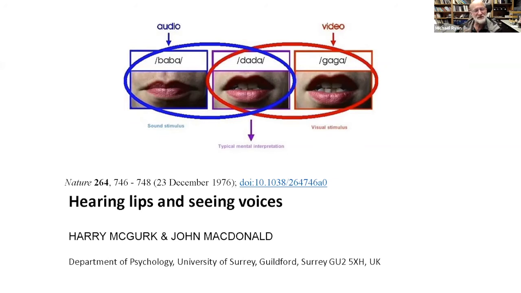What does this test subject hear? You would think they would hear either gaga or baba, but they don't. They hear da-da. So there's this emergent percept of a phoneme that's not being produced, but comes about because of the interaction of the visual cue, the lips moving, and the sound that we're hearing.